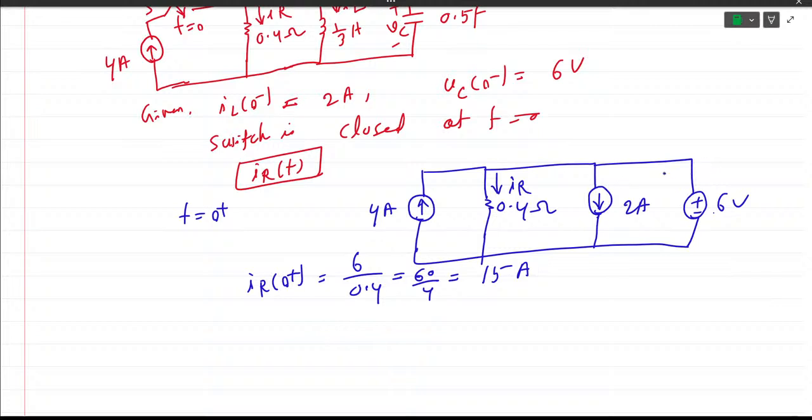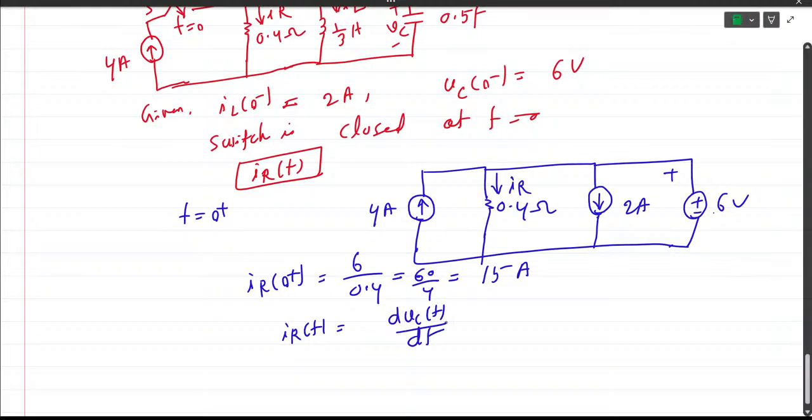And you can see this is your VC capacitor, so you can say that IR(t) is equal to VC(t) upon R, because this is VC(t) upon R for the general case, right?